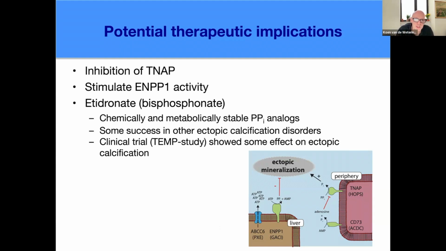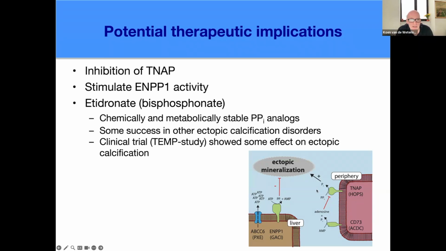And another approach that has been tried in Utrecht, so that's where I went to vet school because I'm a vet by training. In Utrecht, that's the Netherlands where I'm from, they tried something else because etidronate, which is a bisphosphonate, is a molecule that looks very much like pyrophosphate.